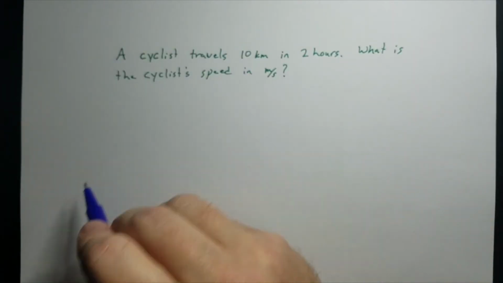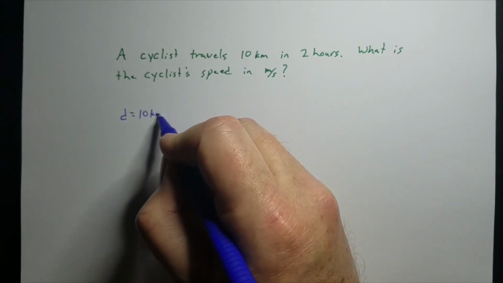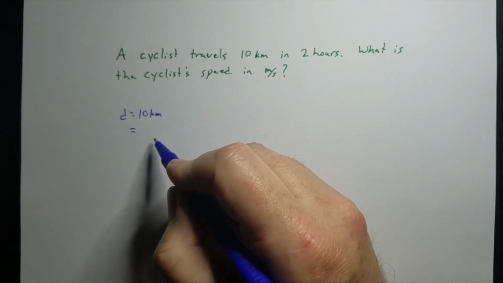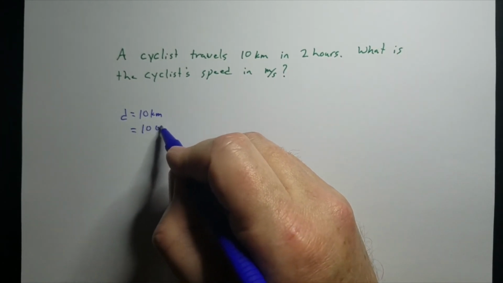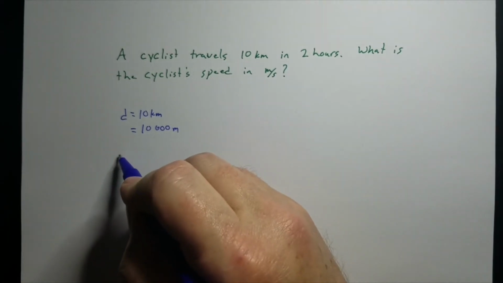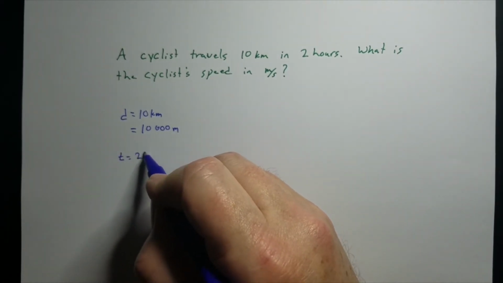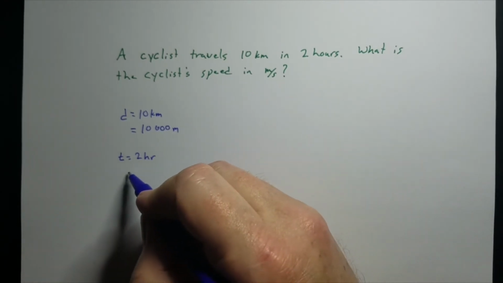So we've got a distance of 10 kilometers, but we're going to change that to meters. So 10 kilometers, K means 1,000, so we've got 10,000 meters as our distance. Time was 2 hours, but we need to change that to seconds.